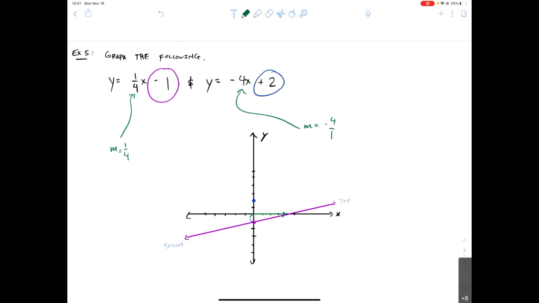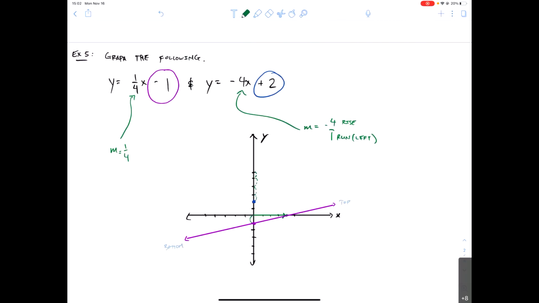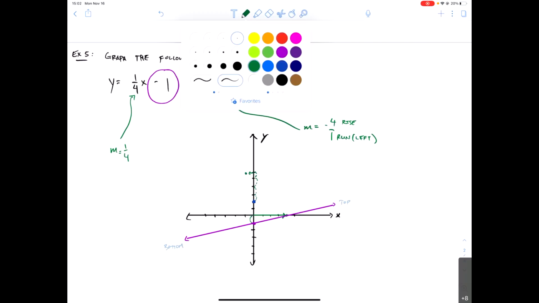We're going to rise 4, and then we're going to run to the left because it's negative, and we're going to run 1 unit because it's over 1. So 1, 2, 3, 4. You're going to move to the left once. There's my point.